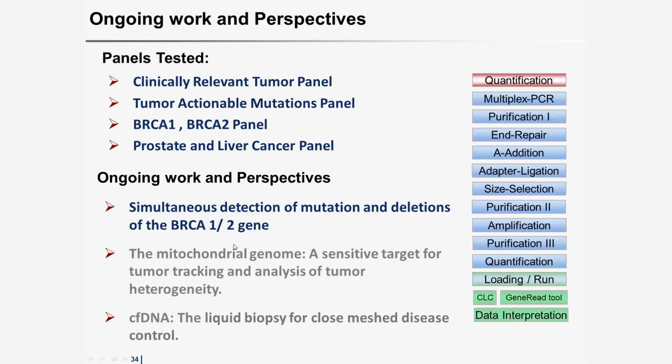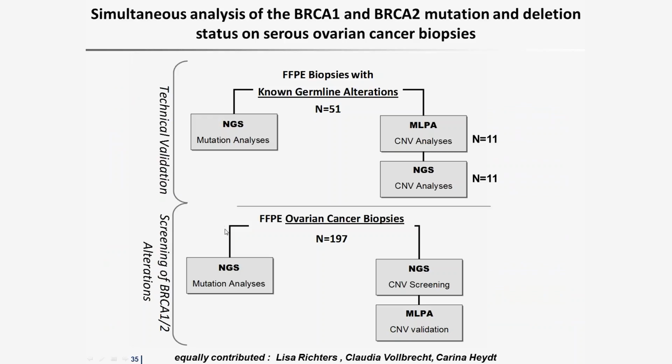In order now to identify mutants and deletions, we use the Biomedical Genomics Workbench tool. And for this study, we used 51 formalin-fixed biopsies with known germline alterations of the BRCA1/2 genes as a reference cohort.